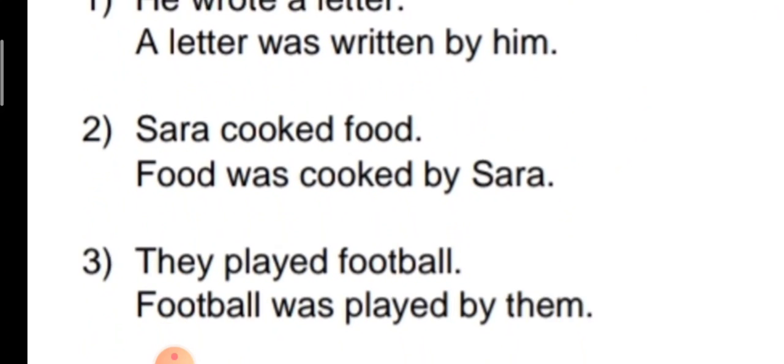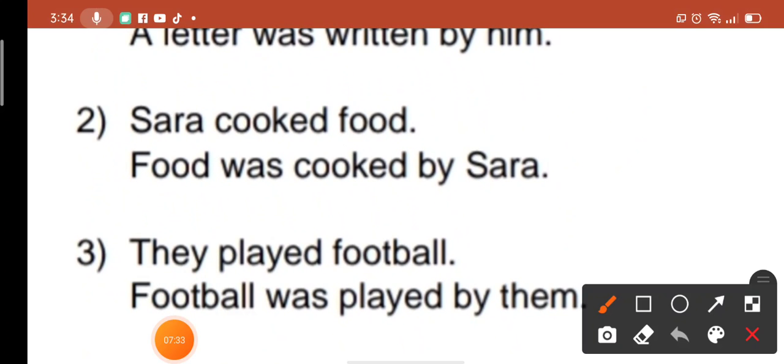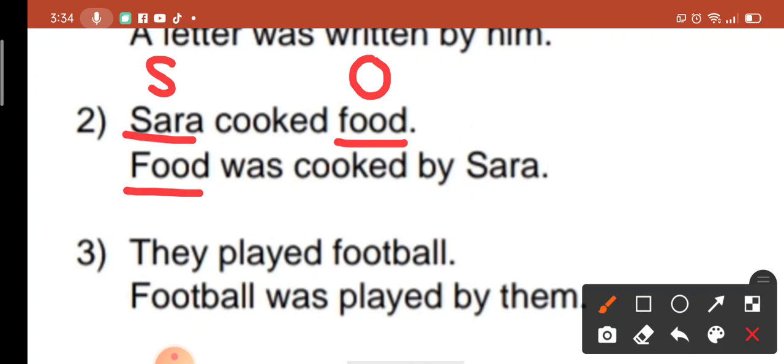Then the next example is Sarah cooked food. Can you tell me what is subject and what is object? Sarah is subject, food is object. We will change our object into subject. Food will come in the start in the next sentence. As it is past indefinite tense, we have used here the second form cooked.